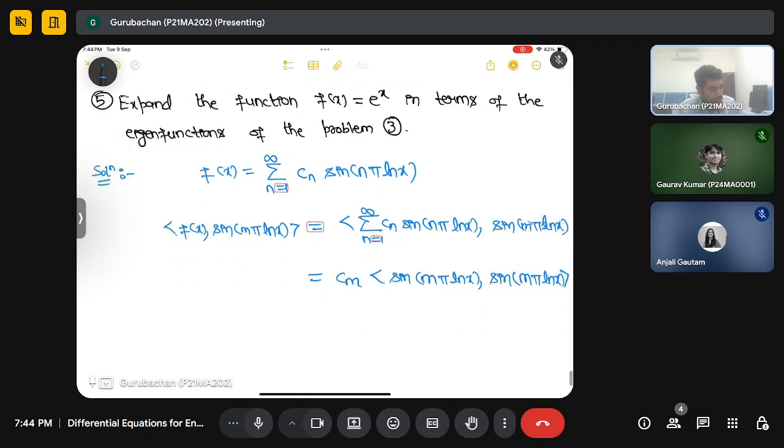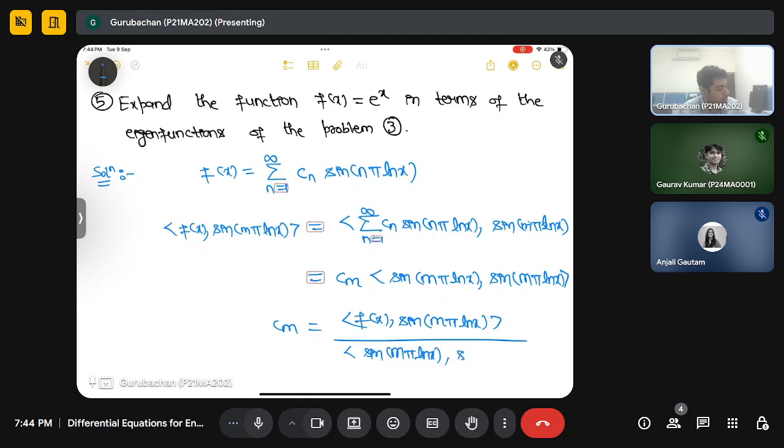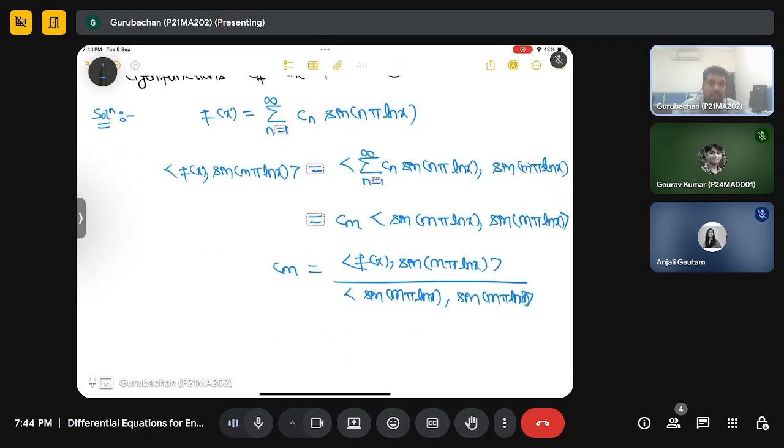From here you will get Cm equal to the inner product of f(x) with sin(m pi ln x), divided by the inner product of sin(m pi ln x) with sin(m pi ln x). So this is your value of Cn, and in this way you can represent the series. And I'm recalling how the inner product is defined.